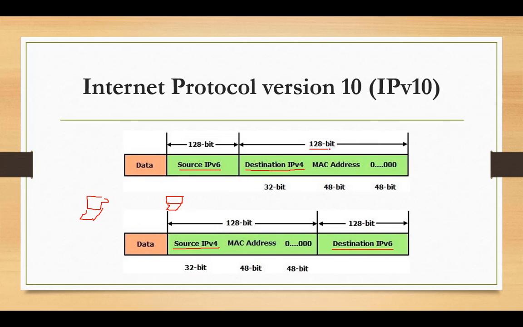The 128 bits of the destination address in this example will have the destination IPv4 address, which is 32 bits, the MAC address of the source host, which is 48 bits, and at the beginning of the header are 48 bits of zeros, and these zeros let the router understand that the destination is an IPv4 address.